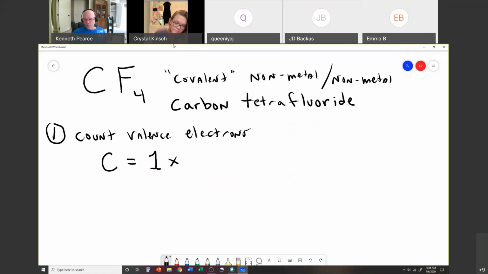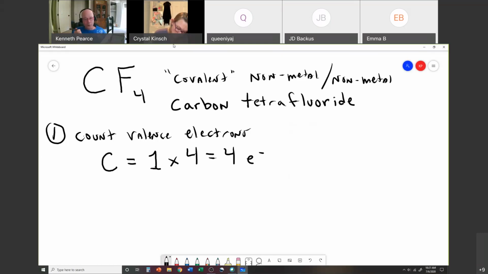We count across the periodic table. We look at our periodic table and we go 1, 2, 3, 4. Carbon has 4 valence electrons. And we say 1 times 4, well, that's exciting. That gives me 4 electrons.